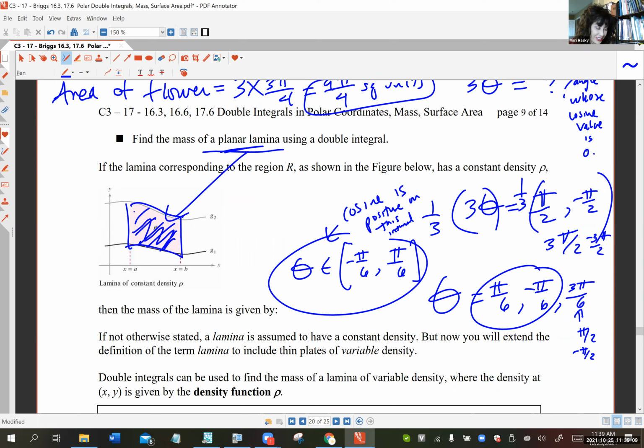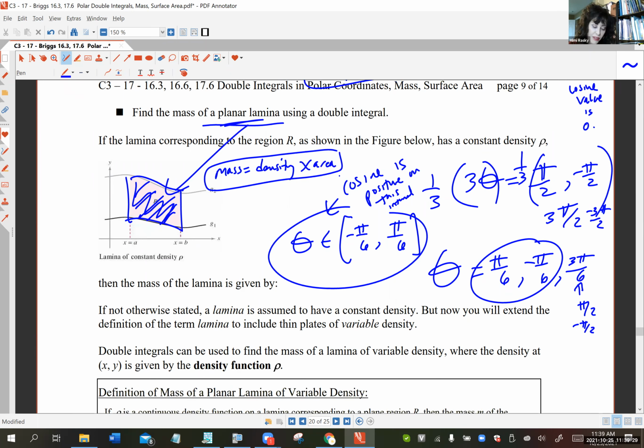And this one's constant density. So the mass that we're going to be dealing with for this particular little section is going to be whatever your density is of your lamina times the area of your lamina. So if you have a constant density, and they use the Greek letter rho, I don't know why they use a rho for density, but they do.